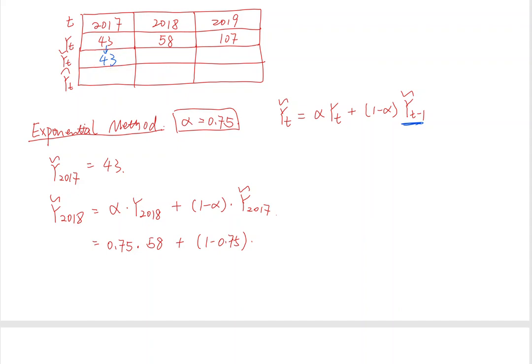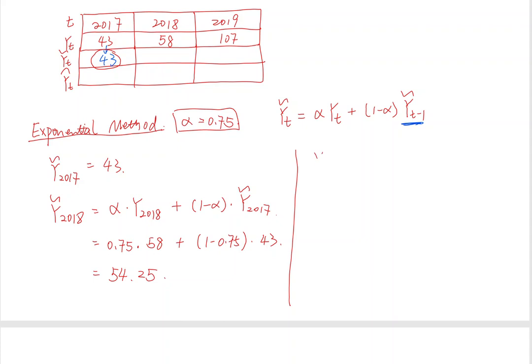It is this 43. Alright, and after you calculate this, the estimated value of 2018 will be 54.25. So this is for 2018.